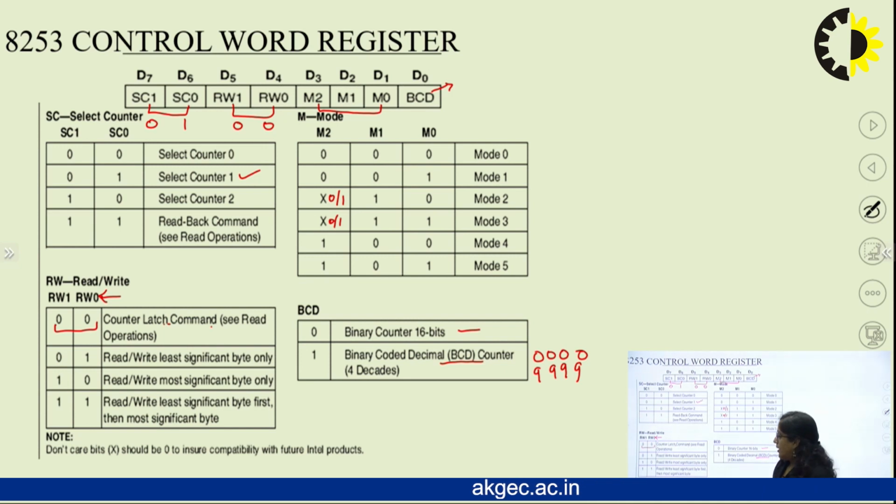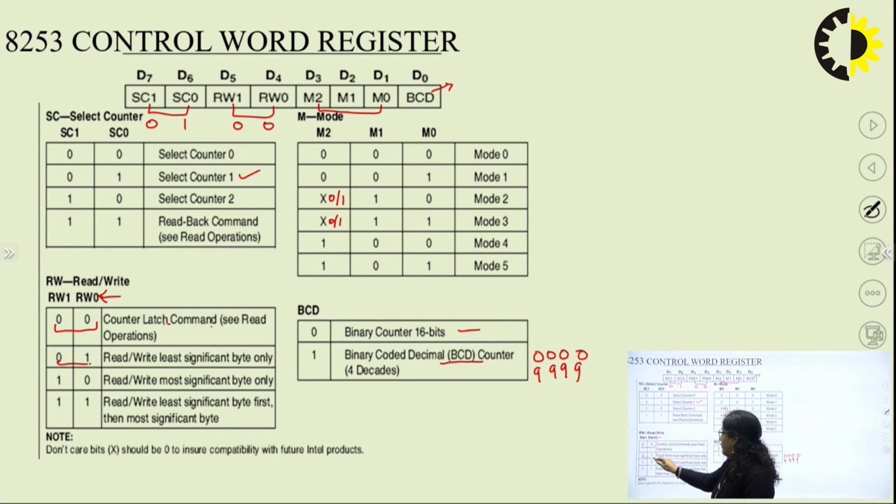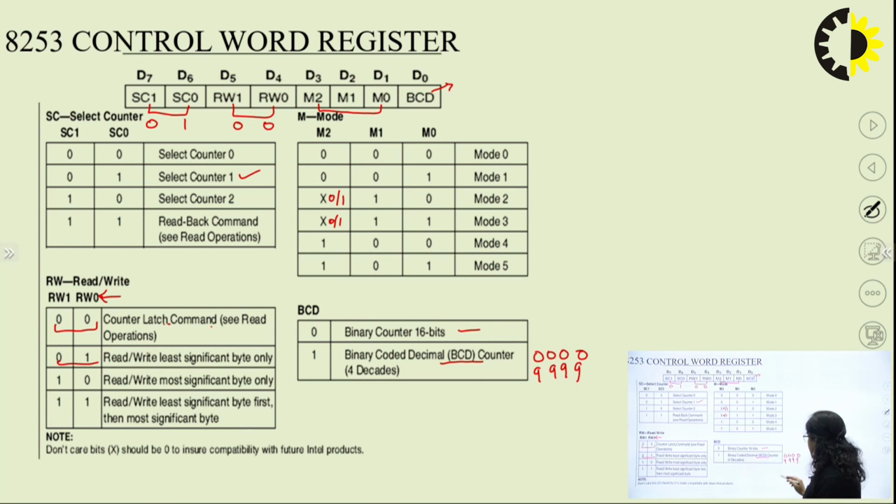Now if we have to write the data, if we make it 0, 1, we write only the least significant byte. The maximum is FF, or 99 in BCD counting, or in case of hexadecimal we can have a maximum of FF as the counter value we can load in the least significant byte.